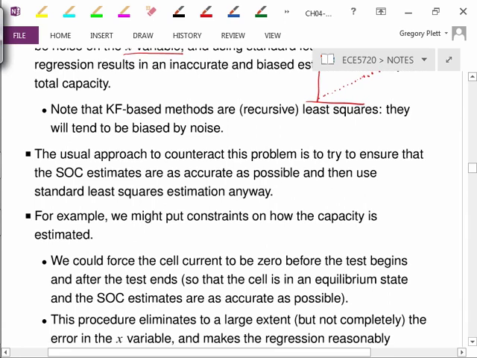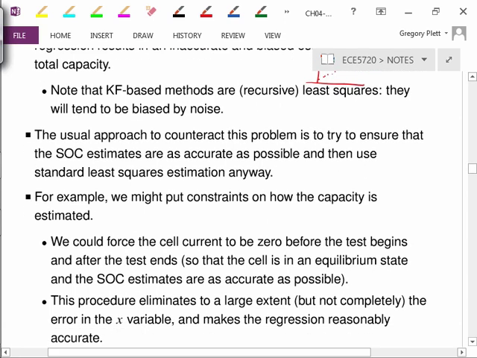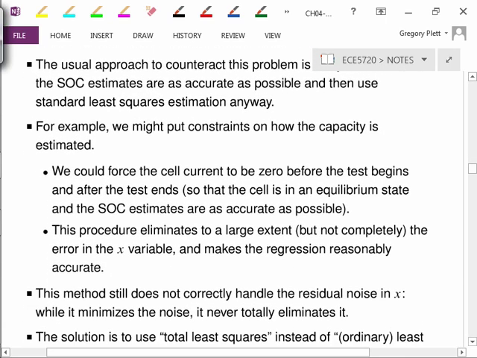How do people deal with this problem? Well, the typical approach is to try to make sure that the SOC estimates don't have noise, or that they minimize the noise as much as possible, and then still use least squares estimates because that is what most people know how to do. For example, we could force cell current to be 0 before the test begins, so that the cell is in an equilibrium state, so that we know there's no diffusion voltages and so forth.